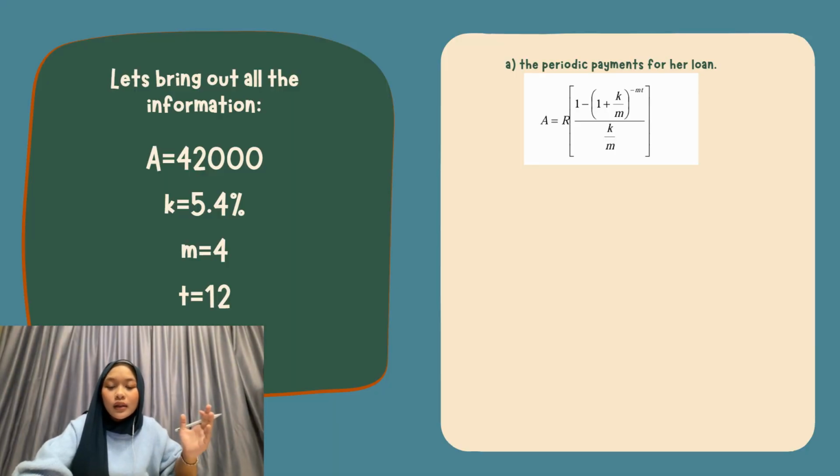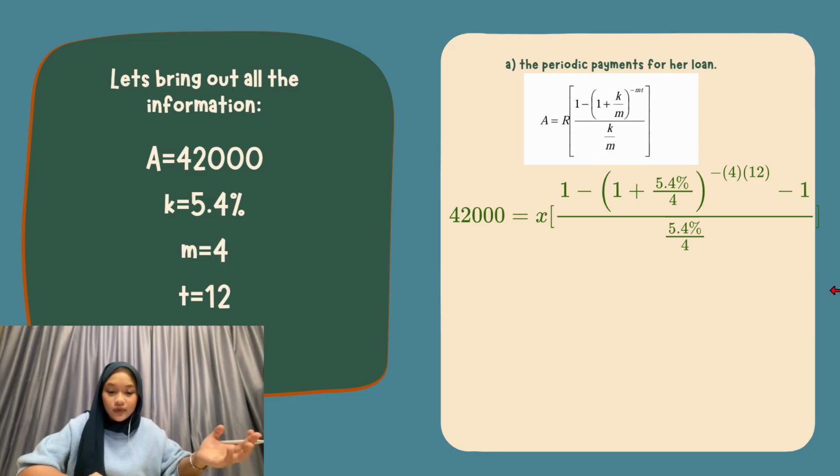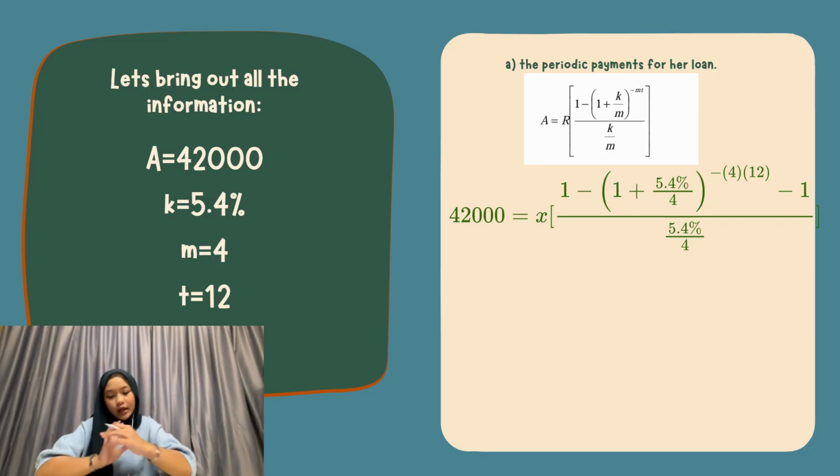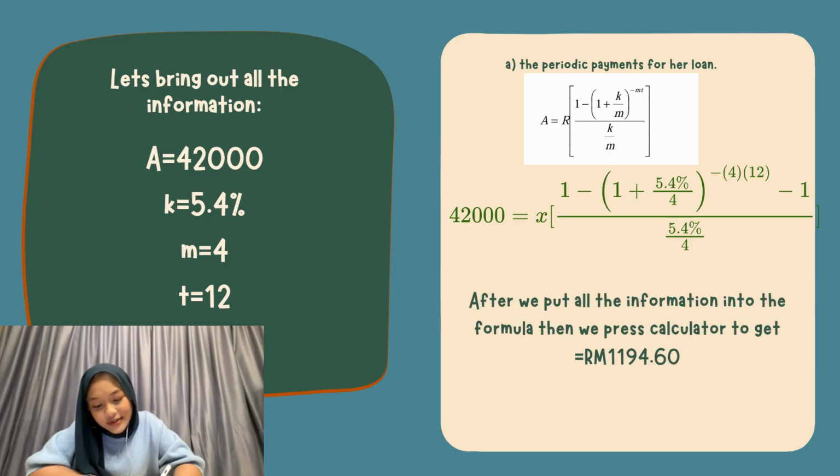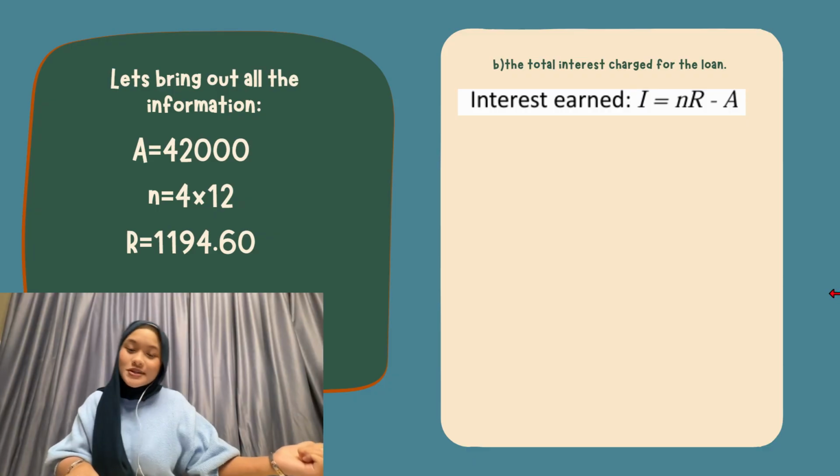After we bring out all the information, we have to use the information and bring in into the formula and make an equation. After we make an equation, we have to solve it. After we put all the information into the formula, then we press the calculator to get 1,194 ringgit 60 cents.